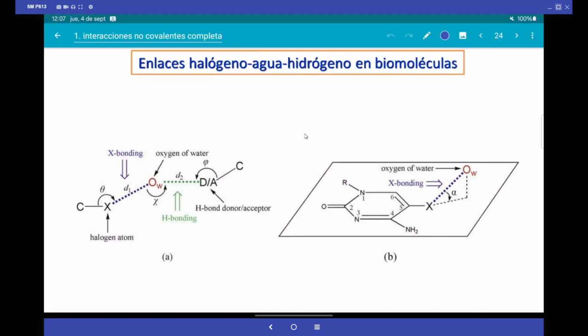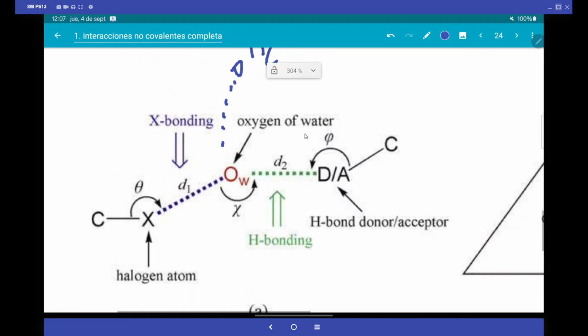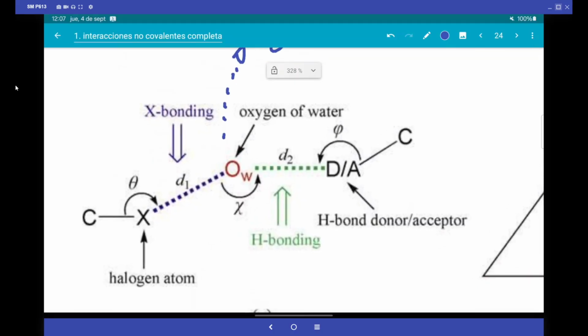Well, the last thing is that it has been seen that sometimes in some crystalline structures, water acts as a bridge. What we have here is a molecule of water. And the question is, what is happening here?